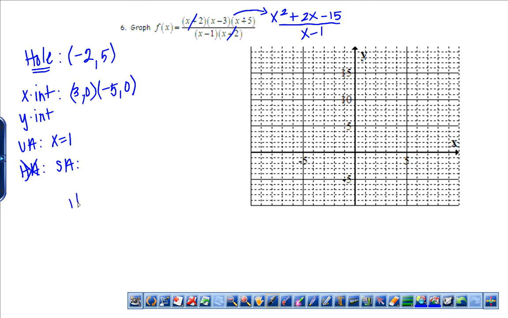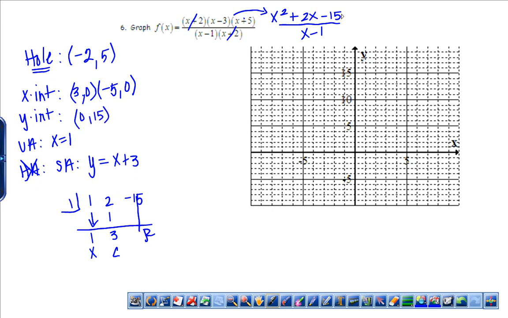So I'm going to say 1 into 1, 2, and negative 15. So this is y equals x plus 3. Okay, your y-intercept would be 0, 15. Plug in a 0 value there. Okay, let's graph this one.